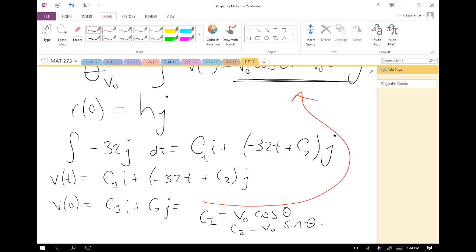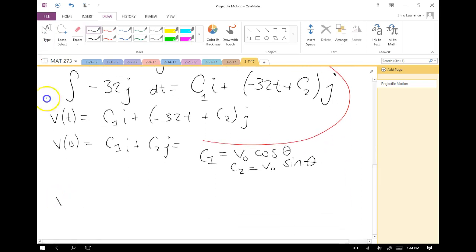So we integrate our acceleration function. That introduces some arbitrary constants. We plug 0 into that antiderivative for t and compare it to the initial condition we were given for velocity. And we're able to solve for those arbitrary constants.